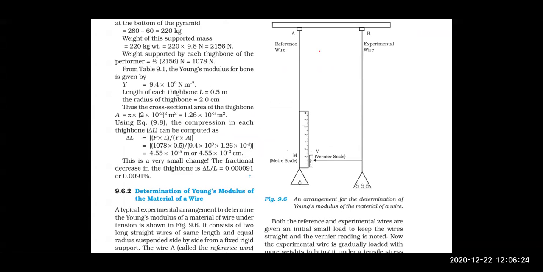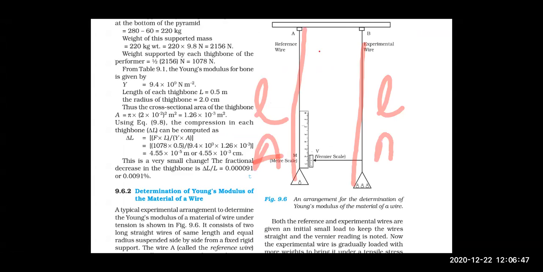So children, for that we require an experimental setup which is shown to you in the diagram on the screen, right beta? So here you are having A and B, two long straight wires. They are of equal length. Their area of cross section is equal, and they are made up of the same material.